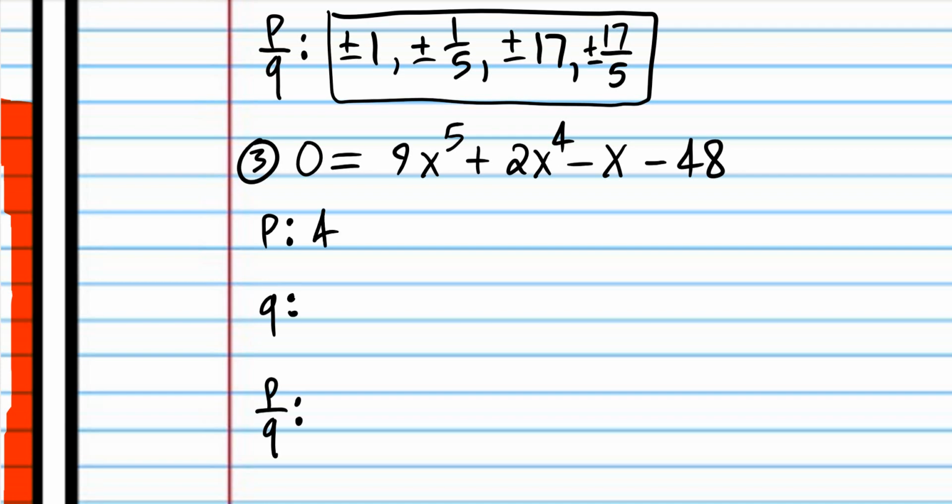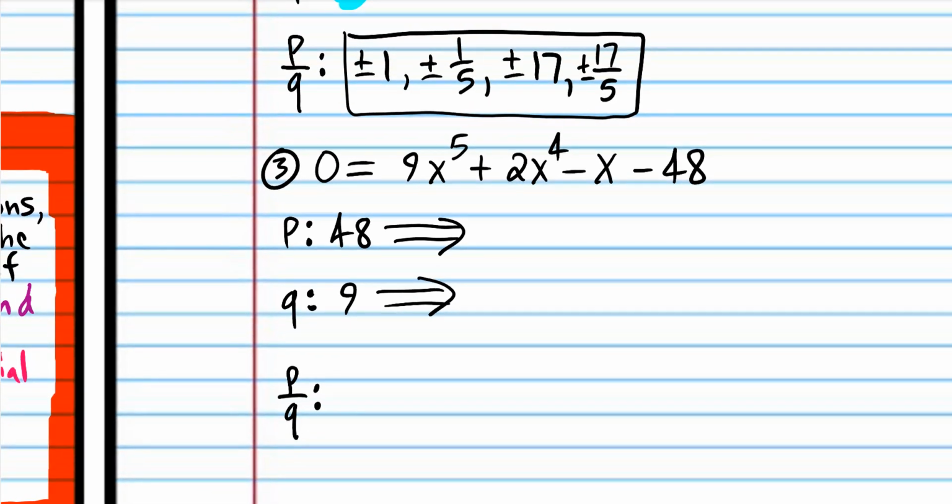So P represents all of the factors of the last term, and Q represents all the factors of the coefficient of the first term.